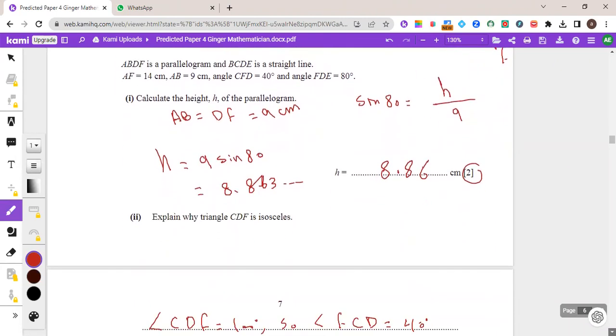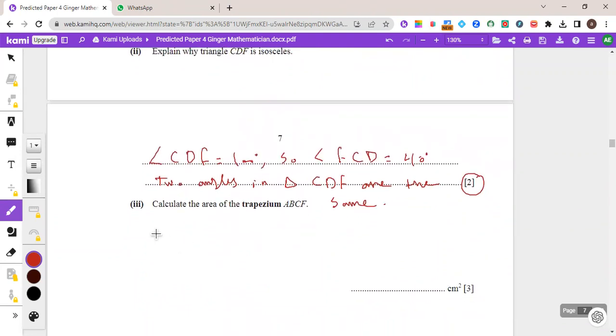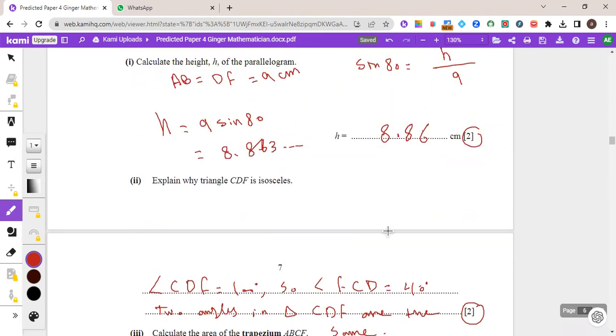So the area will be 14 plus 5 divided by 2 times the height. In the height I wrote an approximate value, but if you want an accurate answer, write 9 times sine 80.